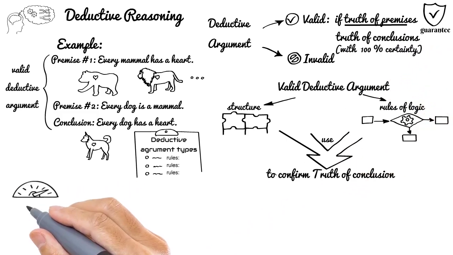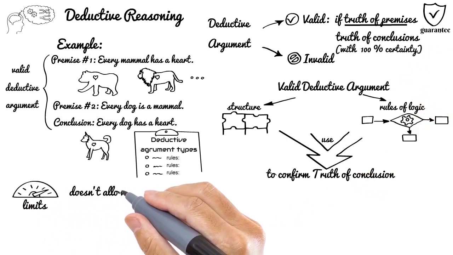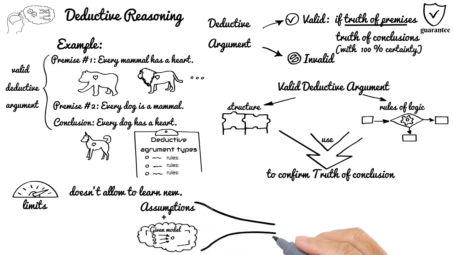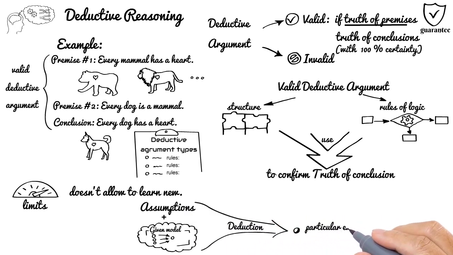The main limitation is that deductive reasoning doesn't allow you to learn anything new at all, because every logical argument depends on assumptions and a given mental model. The model could be wide enough, but deduction anyway narrows this given model down to specific, particular expected data.